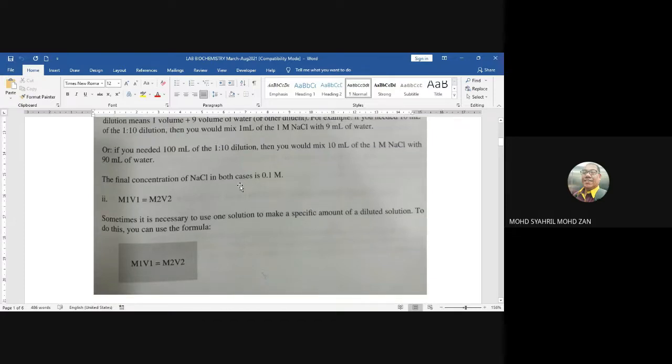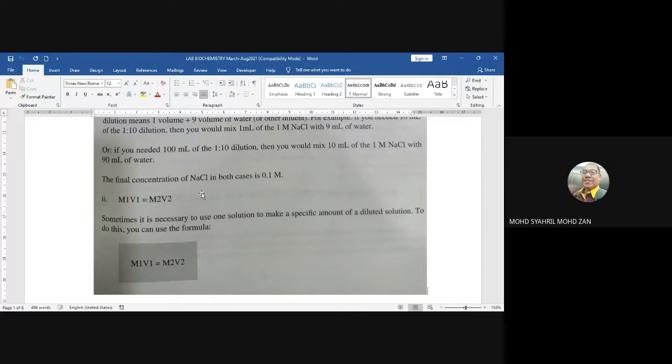So number 2, there's a formula for you to do the solution work. There will be M1 V1 equals M2 V2. M represents the concentration, V represents the volume. Why? Because sometimes it's necessary to use one solution to make a specific amount of a diluted solution.